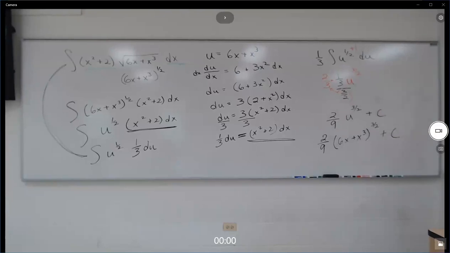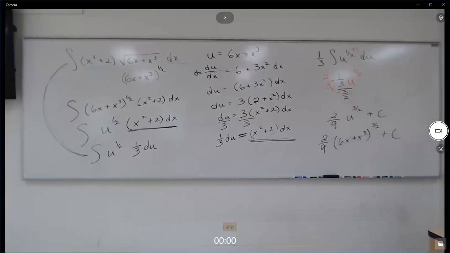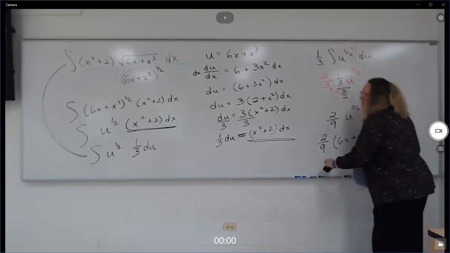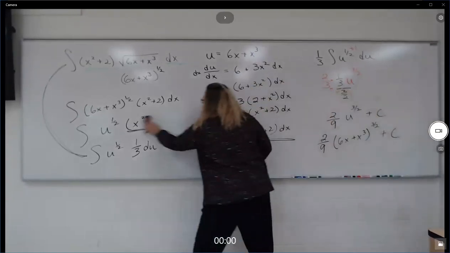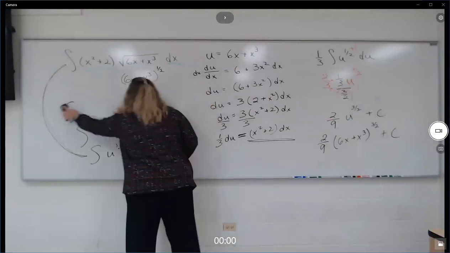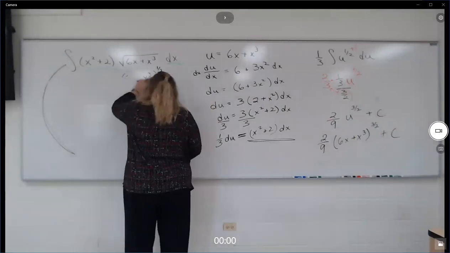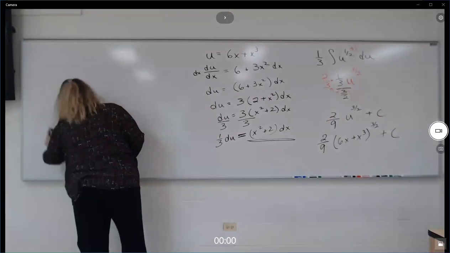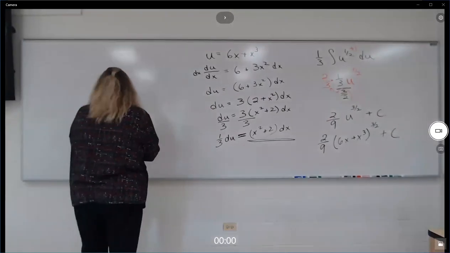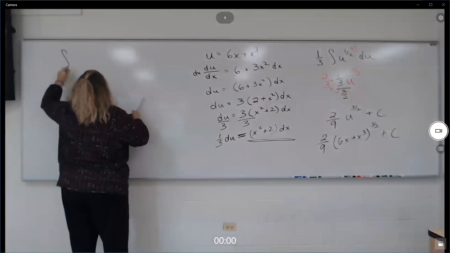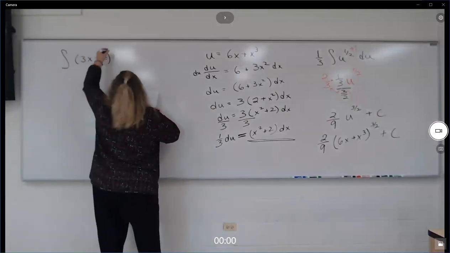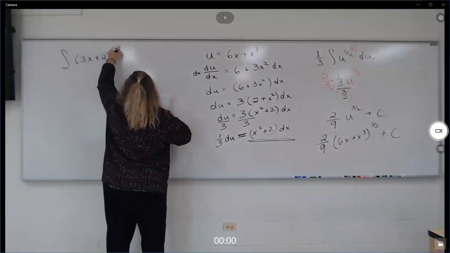We can get a couple more in. This one's kind of like the previous one. We can get two more. This one just looks weird, as if the rest of it doesn't look weird, but let's take a look. Why do we say it looks weird? Integral of (3x plus 2) to the 3.9 dx.